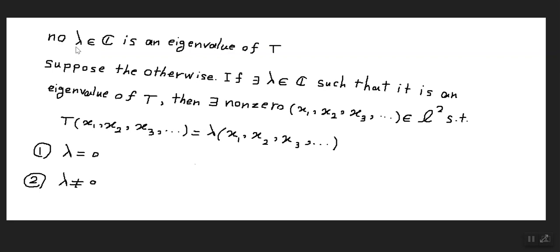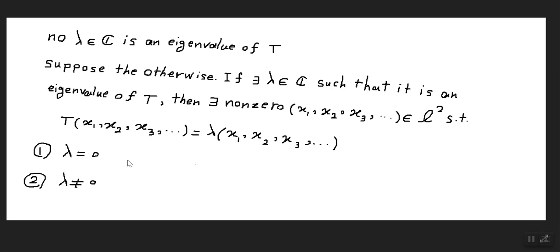So it means we have to prove that no scalar lambda in C is an eigenvalue of T. Suppose otherwise, so there is a scalar lambda that is an eigenvalue of T, and this means there is a non-zero element x in L2 such that Tx equals lambda x. Then you are going to see that we get a contradiction.